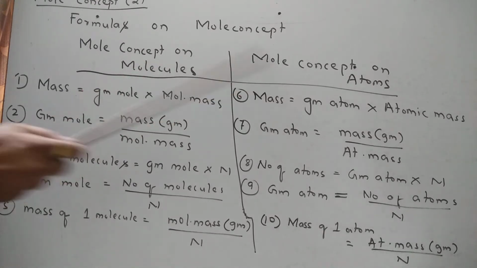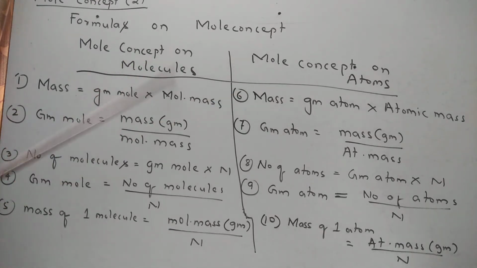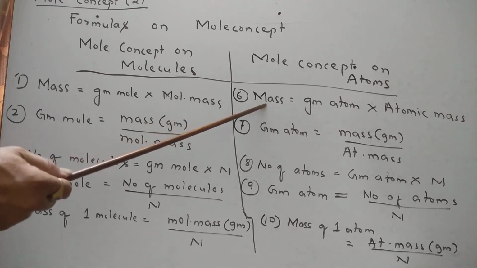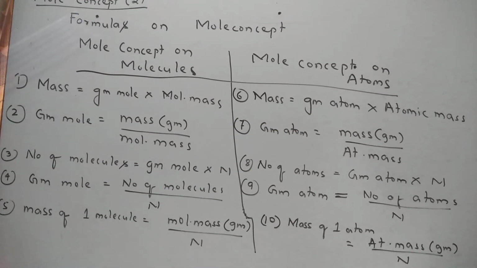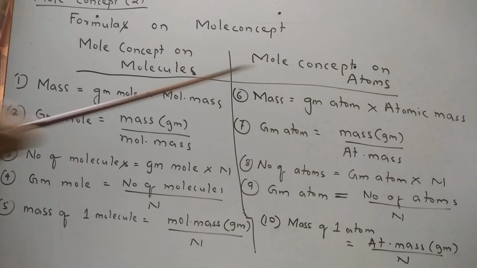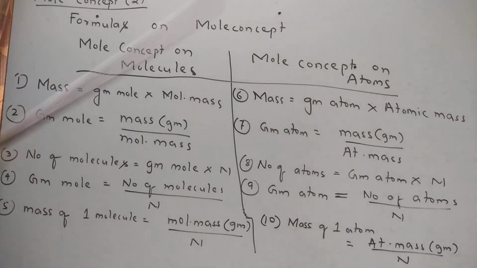So if we compare simultaneously the mole concept of molecules and the mole concept of atoms, here mass is equal to gram mole into molecular mass, and in this case, mass is equal to gram atom into atomic mass. Because I am reminding you, as per mole concept 1, for the molecules we are using the word gram mole, and for the atoms we are using the word gram atom.